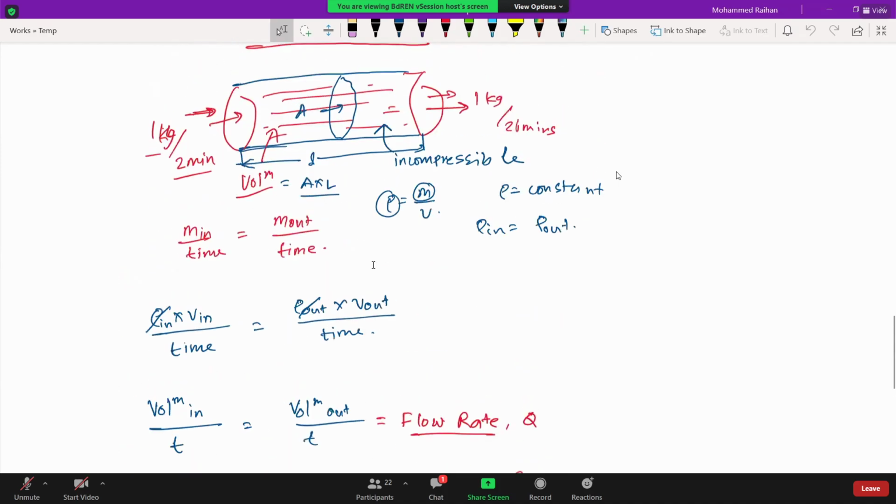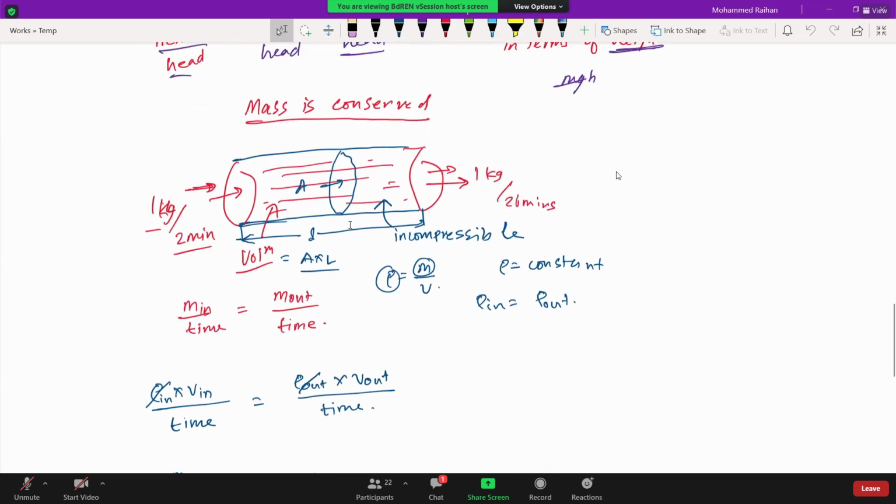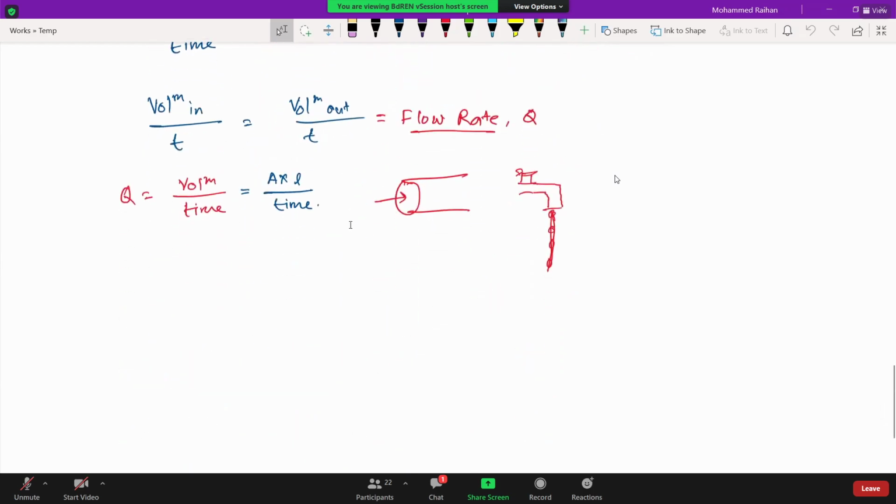So what is this length divided by time? Velocity of the fluid, exactly. So Q equals area into this length divided by time, which is the velocity of the fluid, that is how fast the fluid is flowing.